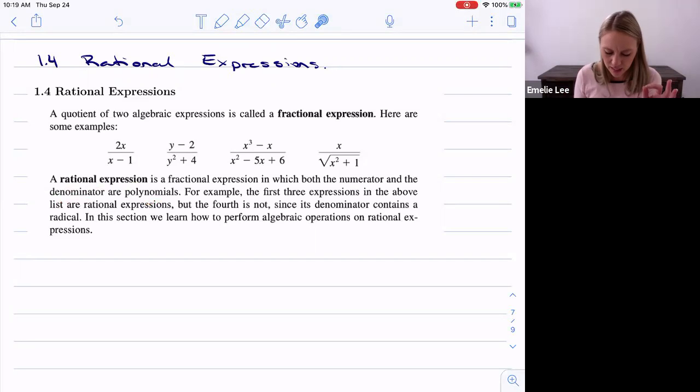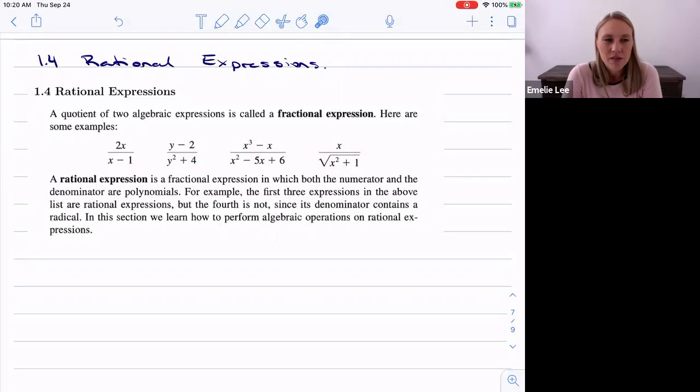So something like 2x, that's a polynomial, x minus 1, that's a polynomial, y minus 2 is a polynomial, y squared plus 4 is a polynomial. Each of these are polynomials. The only one that's not a polynomial is the root of x squared plus 1, just because we can't have the root in there. Inside the root is a polynomial, right? But the square root of x squared plus 1 itself is not a polynomial.